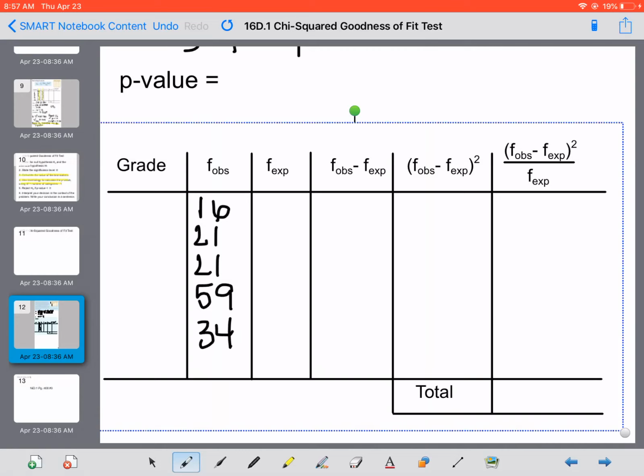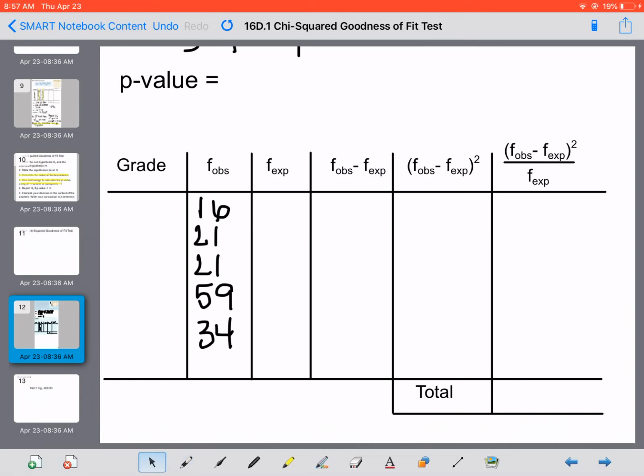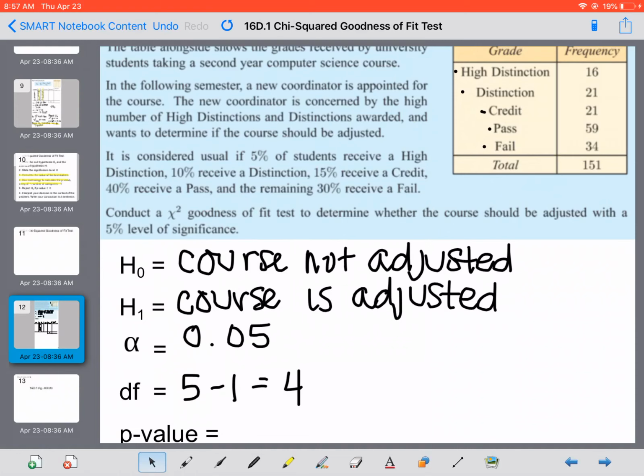So those are our 5 observed values. Now, our expected, in this particular case, I tell you in the problem what that expected value should be. So 5% is a high distinction, 10% is a distinction, and so on. That information is going to help us find the expected value because I'm giving you that percentage.